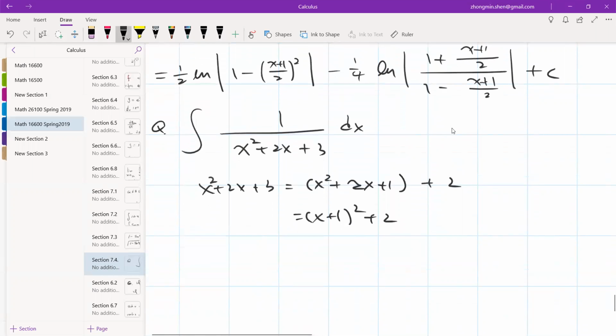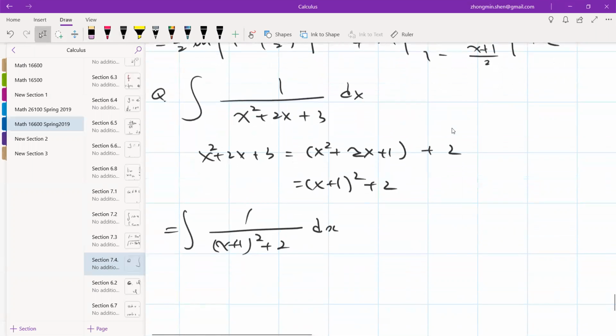So this is your integral. The integral becomes x plus 1 squared plus 2 dx. So my natural substitution is going to be let x plus 1 be square root 2 times u. Okay, because when I square, I get a 2u squared, right? Okay, so dx equals square root 2 du.